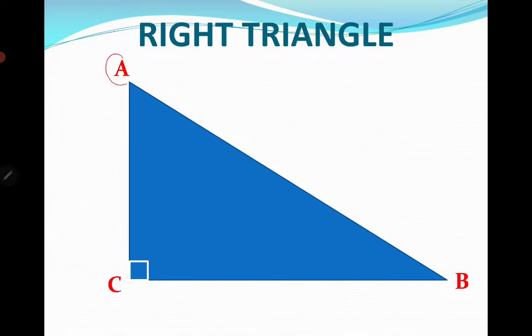This is our angle A. Yung angle A, ang opposite side niya is yung nasa baba. Okay? So, that becomes side A. Now, dun naman sa angle B, ang opposite side niya is yung nasa left side.